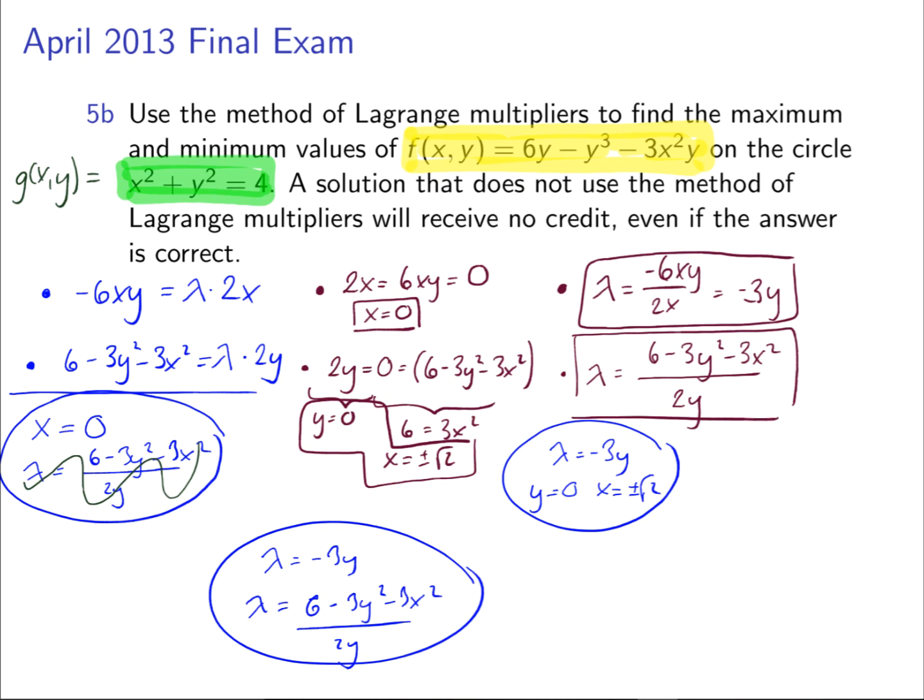So I don't need to work with that value of lambda. The same is true in this scenario. If I make y equal to 0 and x equal to plus or minus root 2, then that satisfies the second equation no matter what lambda is. So then I just choose lambda to be 3 times y, whatever y is. That makes the first equation true as well. So again, I never actually have to use that lambda is minus 3y here.